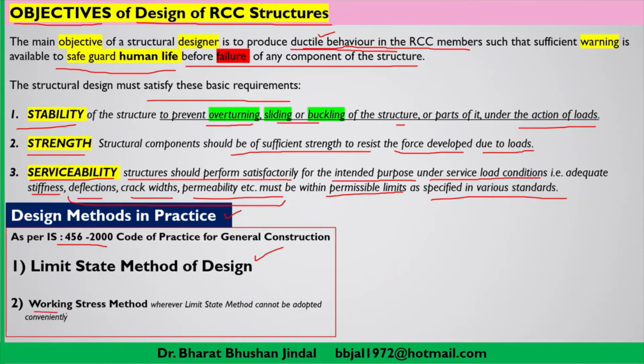Secondly, you can also use the earlier method of design, that is the working stress method, but the code says that wherever the limit state method cannot be adopted conveniently, you can use the working stress method. Otherwise, these days we have to adopt the limit state method of design.